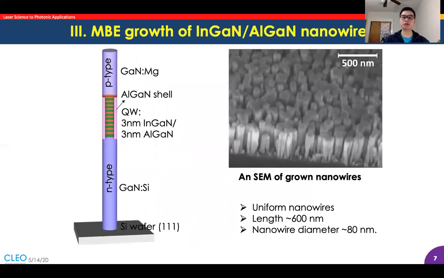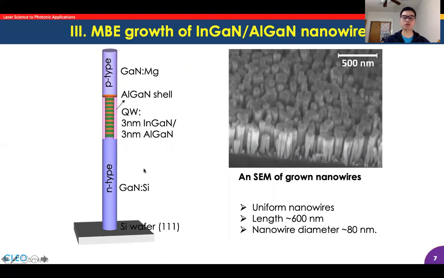Due to such advantages, we have designed an LED structure with 10 quantum wells. Each layer in this quantum well is around 3 nanometers, grown on a silicon substrate.